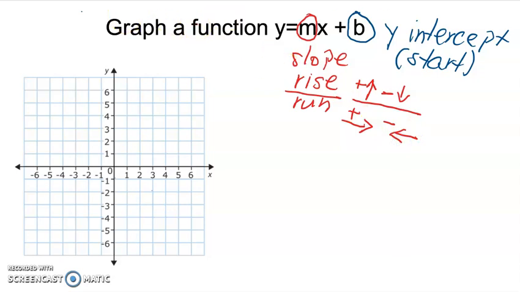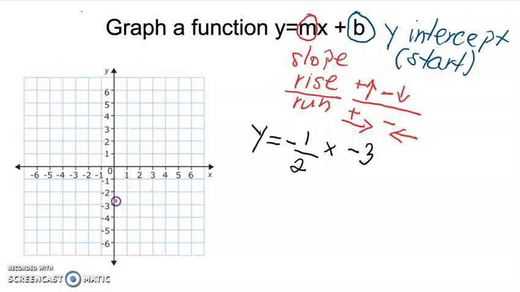Okay, so let's see how that looks. So I have a function, let's say y equals 1/2x minus 3. As we said, this negative 3 is my starting point. That's the y-intercept.